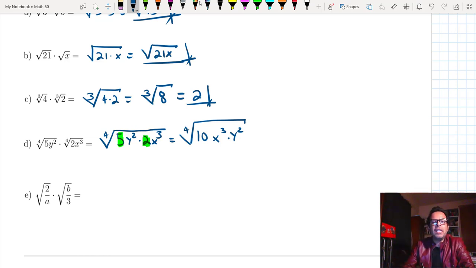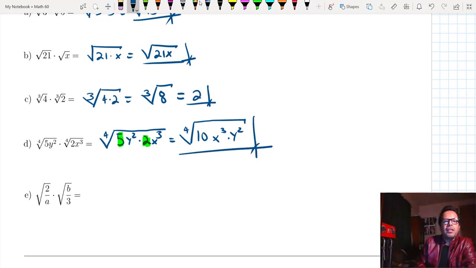We cannot simplify the x's any further or the y's any further because if we write this x, we would get x to the 3/4. So we don't get an integer here as we would on other examples that we're going to do next. So for now, this is the final answer for this exercise.